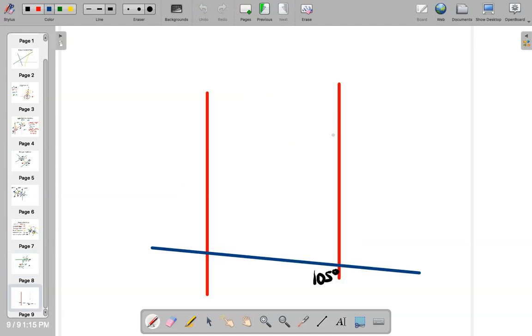And our last one. So try to make this one look as weird as possible, but we're going to have parallel lines there and there. I'm going to mark this is angle A, and this is angle B. And we'll see if you can solve for all 7 of the missing angles.